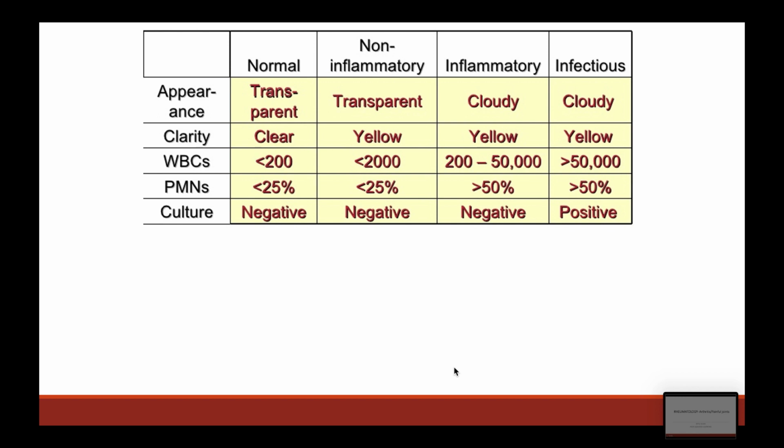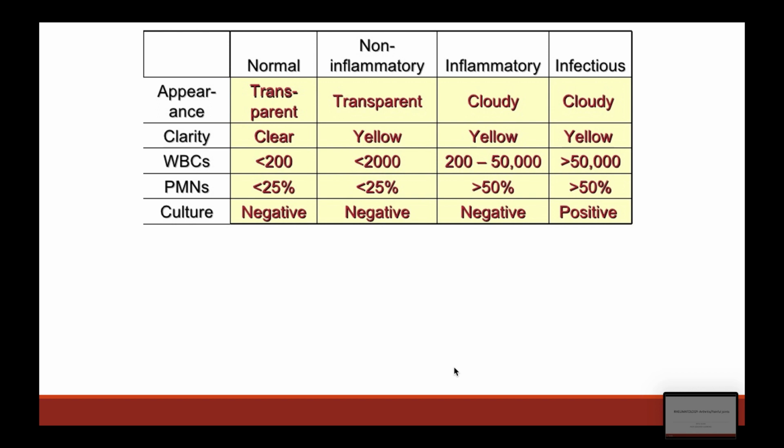So you would expect everything to be clear in a normal sample, with a low white cell count and low polymorphonuclear cells or neutrophils, and obviously it wouldn't grow anything. In any signs of inflammation or infection, you would expect an increased number of white cells. Therefore, the fluid itself will seem cloudy and yellowish or turbid in color.